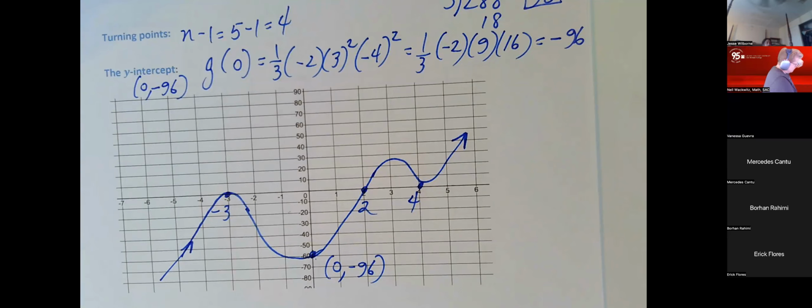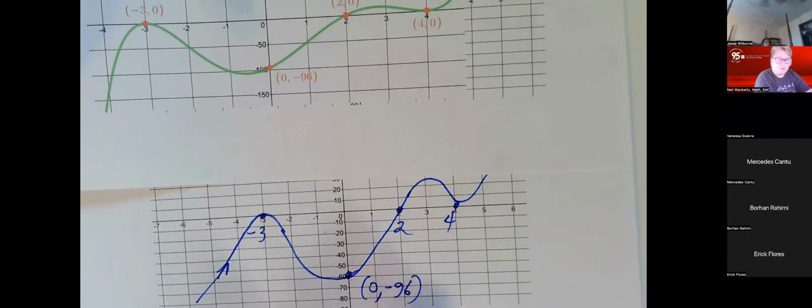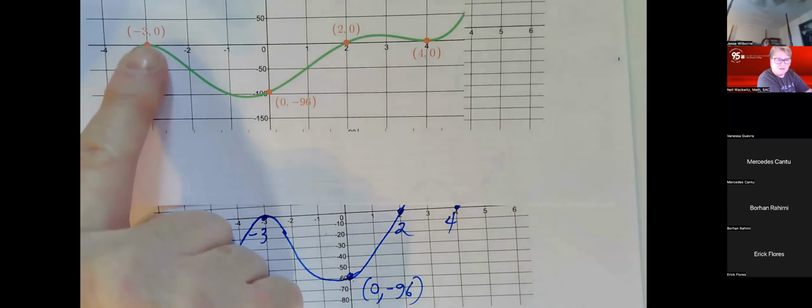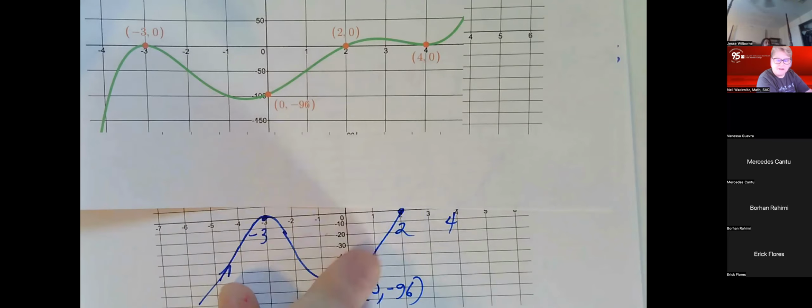Let's look at a picture of what this graph looks like if we use a graphing program. So you can see it's very similar. The graph comes from below, touches at negative 3, crosses (0, -96) at the y-intercept.